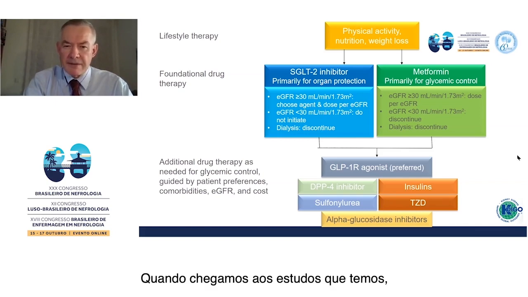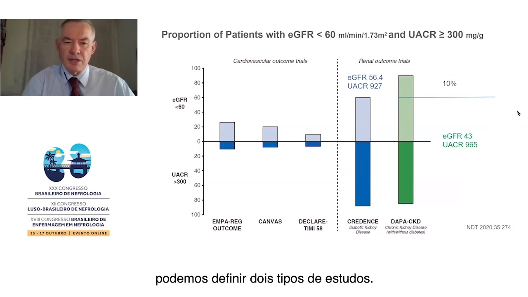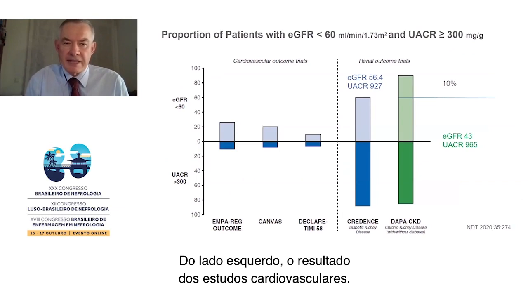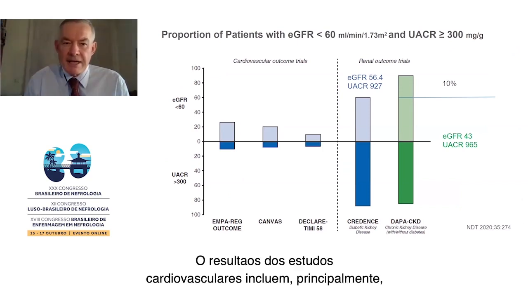When we move ahead to the trials, we can distinguish today two sorts of trials. On the left-hand side, the cardiovascular outcome trials, and on the right-hand side, the renal outcome trials.